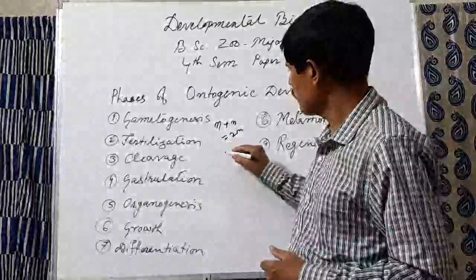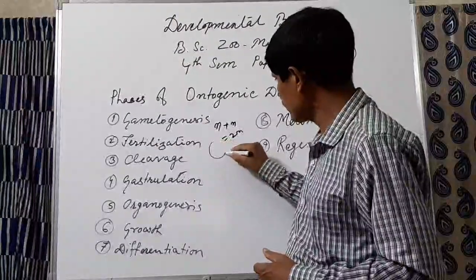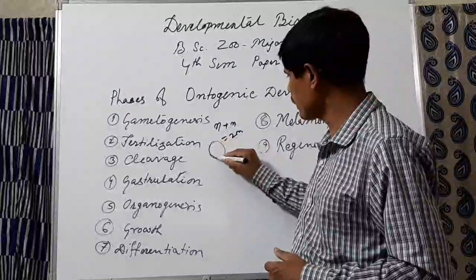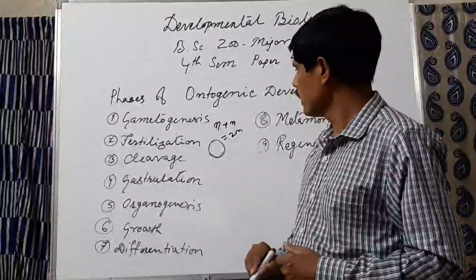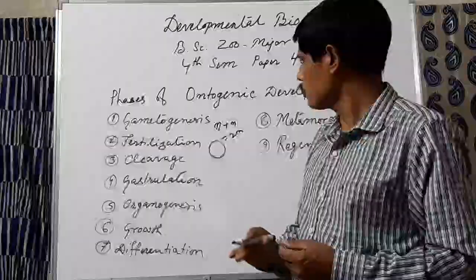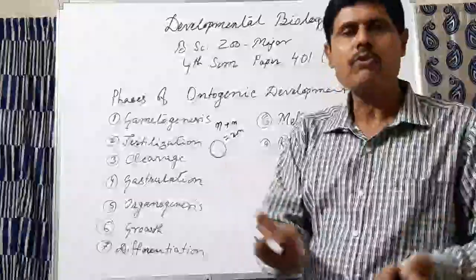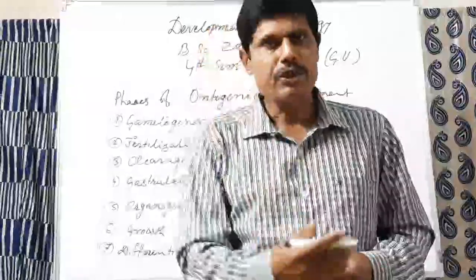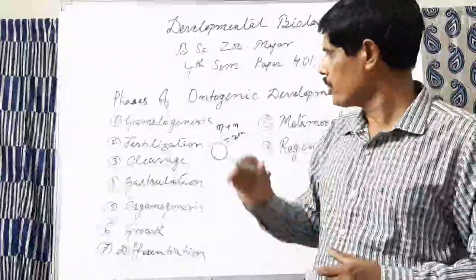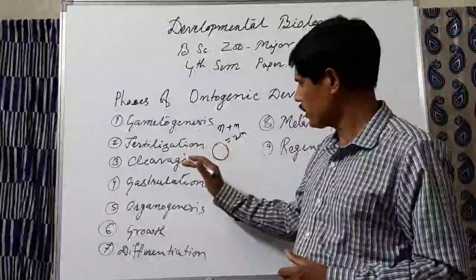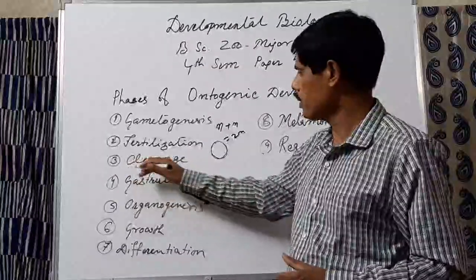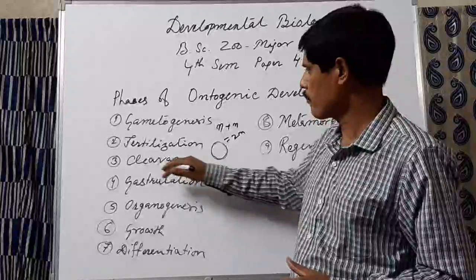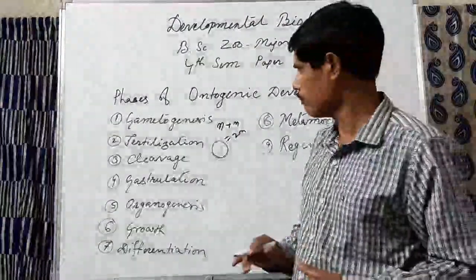When a unicellular zygote is formed after fertilization, it transforms into a multicellular body through consecutive mitotic divisions. All these changes are collectively studied in this particular topic, the cleavage or segmentation.